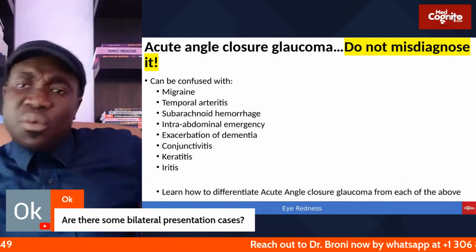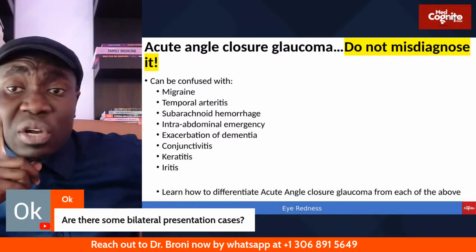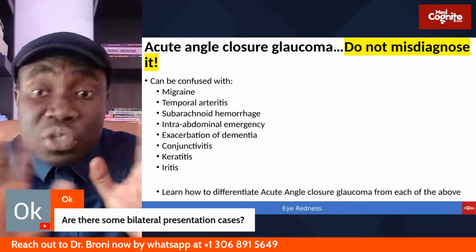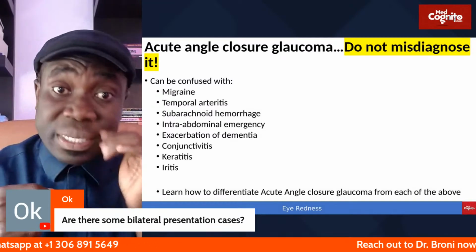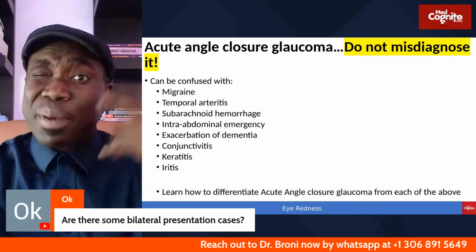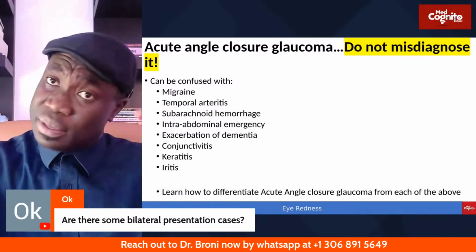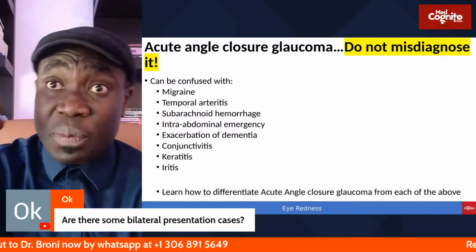Now, you remember the way I was talking about all these presentations? Acute angle closure glaucoma can be confused with other presentations, like migraine headache, because as part of acute angle closure glaucoma, there can be headaches as well. So people confuse it.